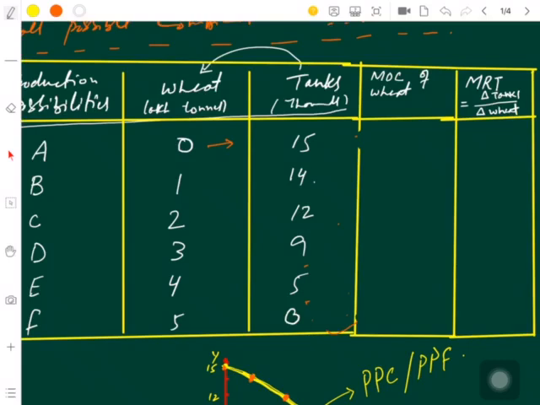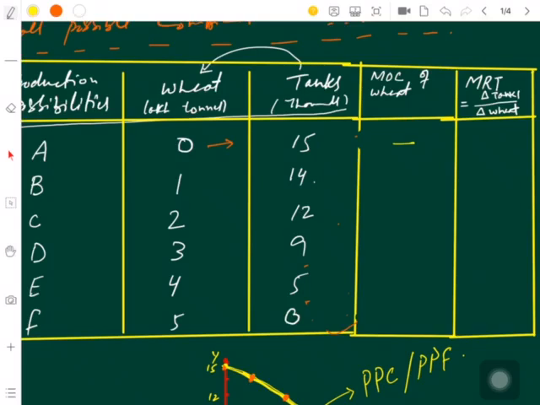So how do we do it? In the very first combination, where we are able to produce 0 of wheat and 15 of tanks, the marginal opportunity cost cannot be evaluated. It will be left as a blank.